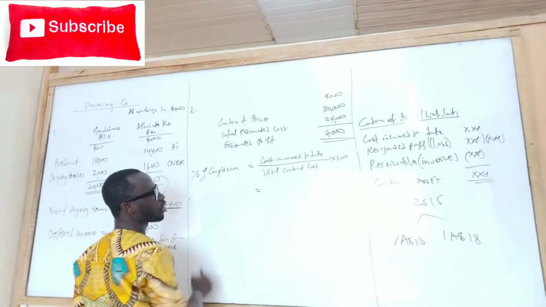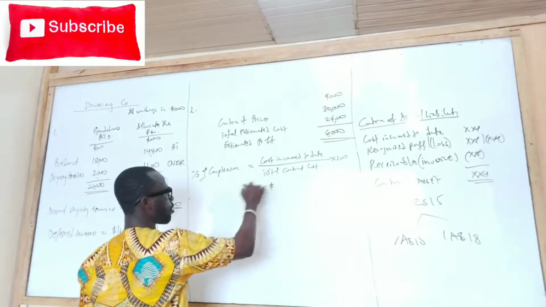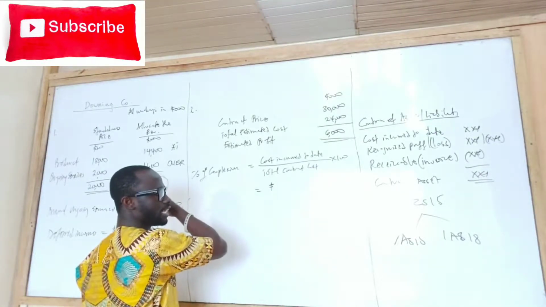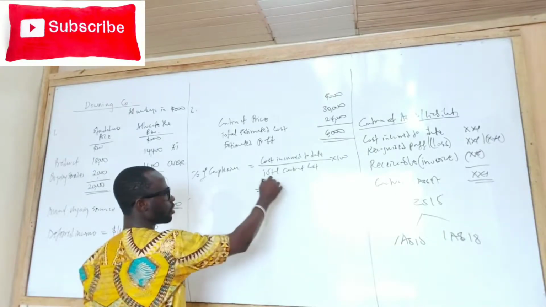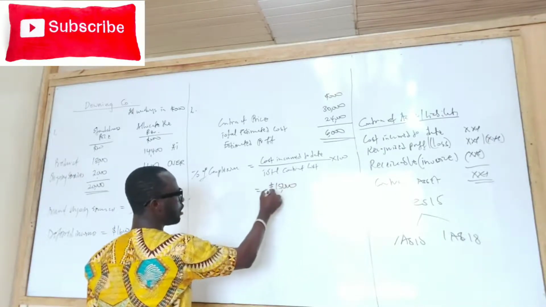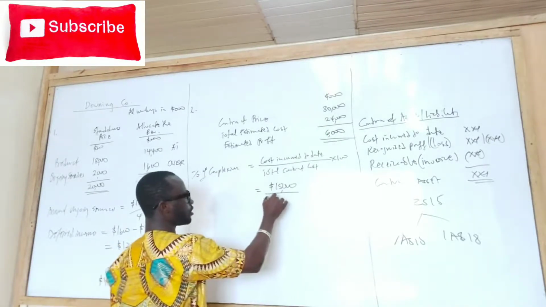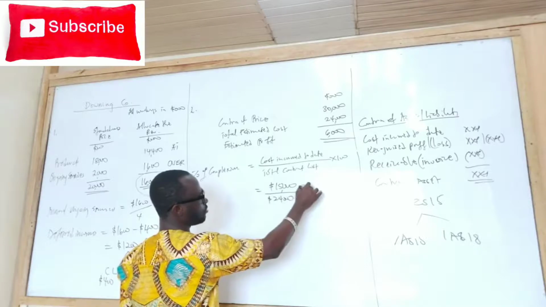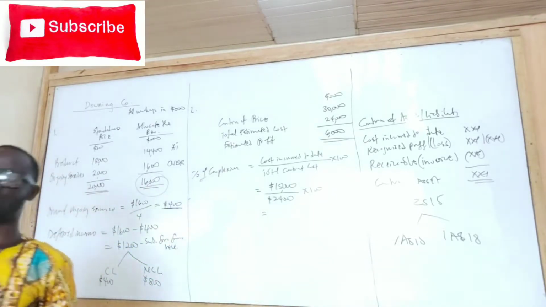So what is the cost incurred to date? From the question, 15,000, but we are incurring a total cost of 24,000, times 100. That gives us the percentage of completion.